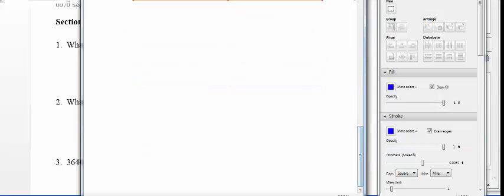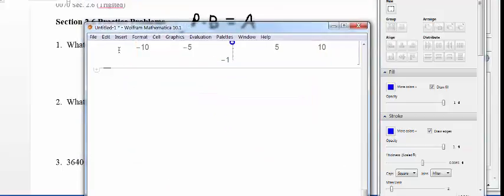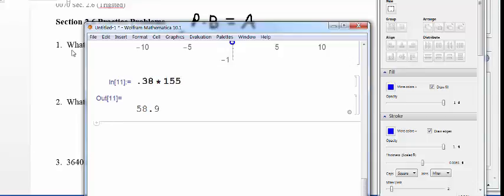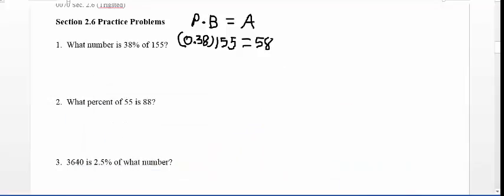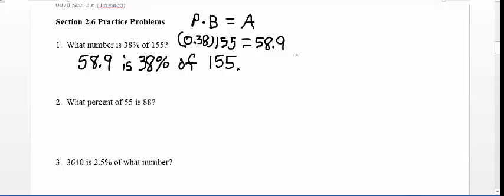That's our base. So I'm going to use Mathematica as my calculator. So that's 58.9. I'm going to answer this with a complete sentence. 58.9 is 38% of 155.